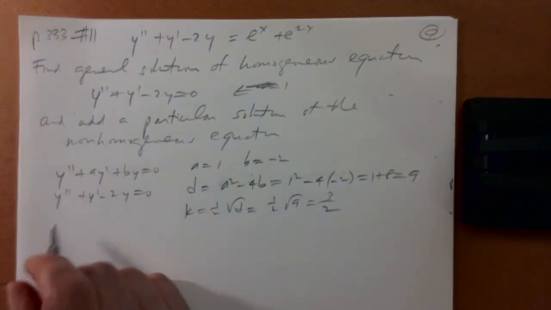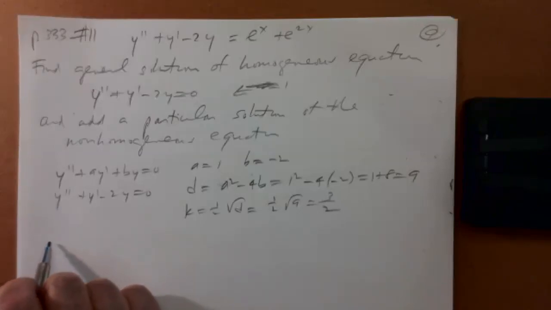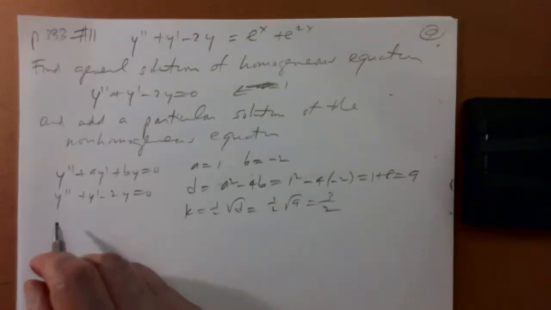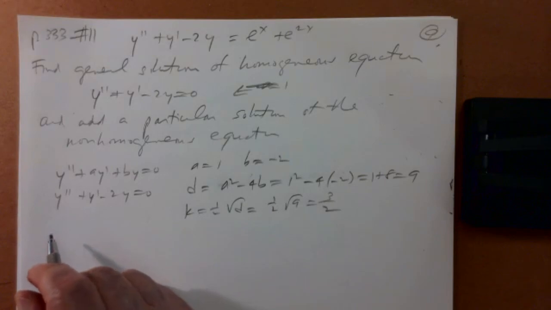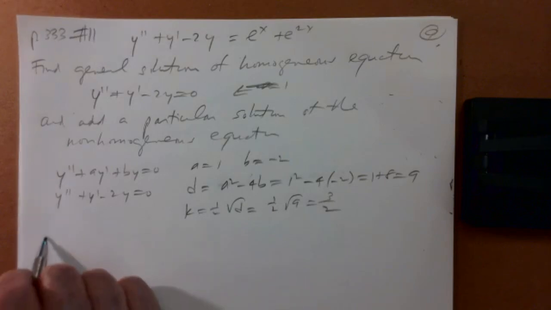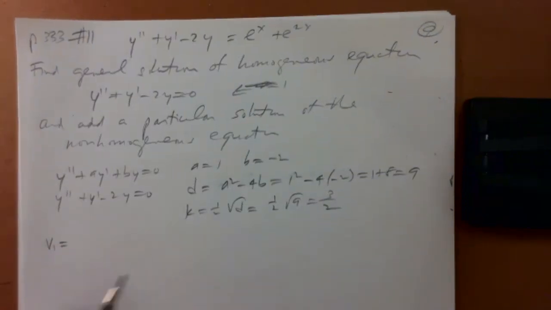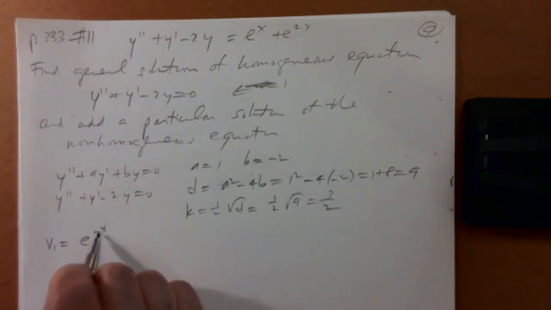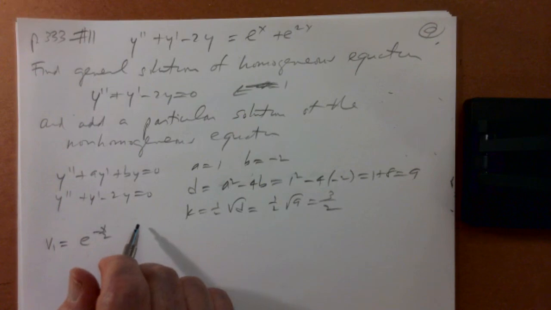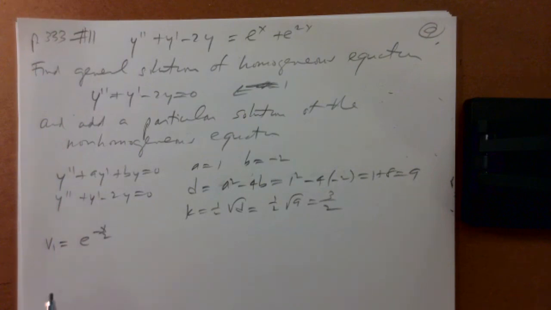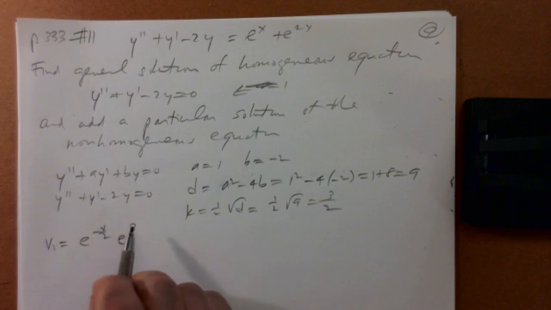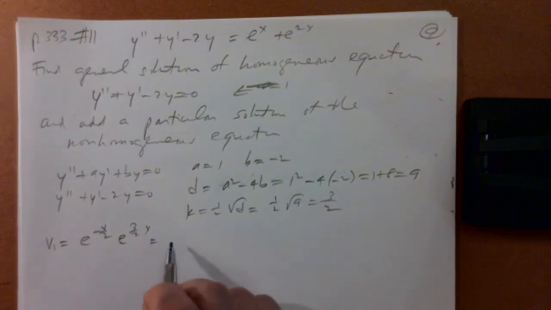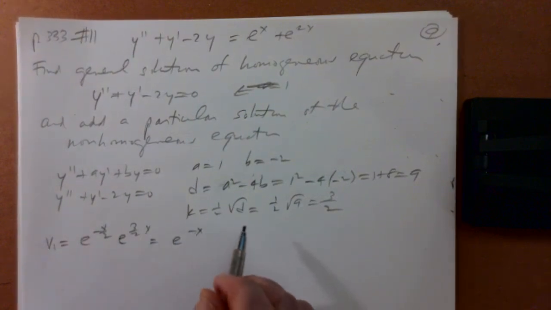So for the general solution of the homogeneous equation, we take the two solutions, V1 and V2. V1 is equal to e to the minus a over 2, that's e to the minus x over 2 times e to the kx, e to the 3/2 x, which is e to the minus x.